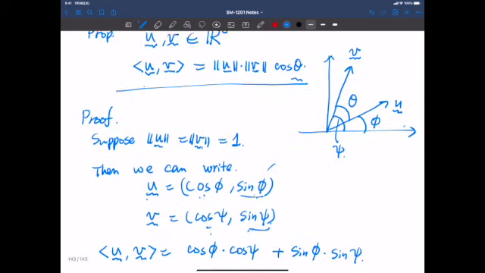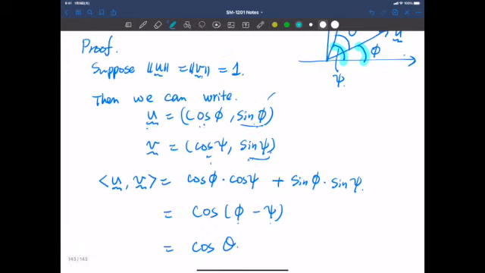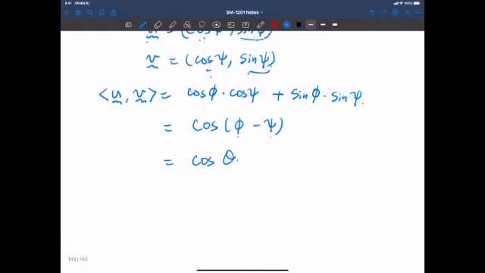If you look at this figure, phi minus psi is actually minus theta in this particular figure, but the cosine function is an even function, so we can change the sign of the argument. So it's the same thing.